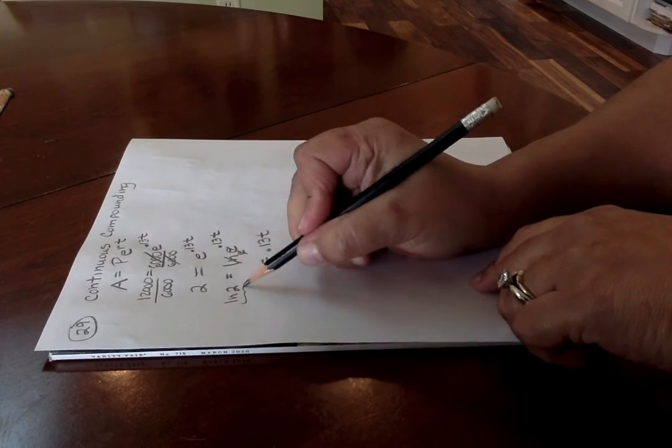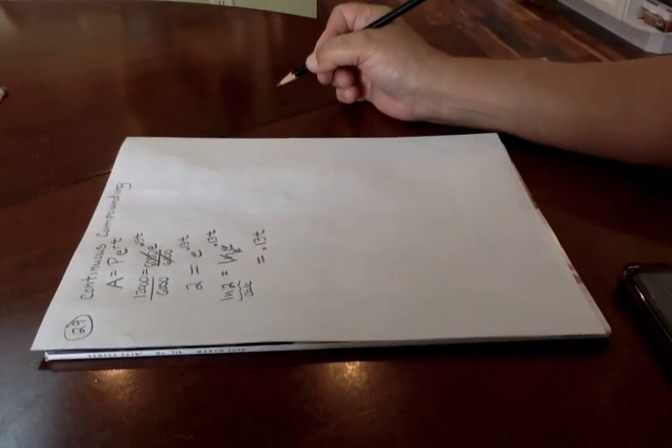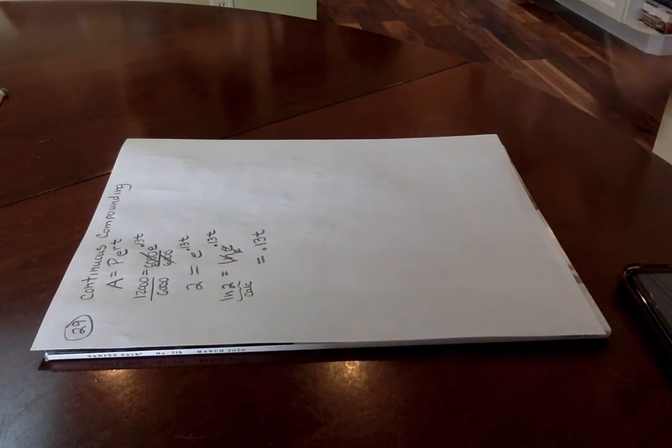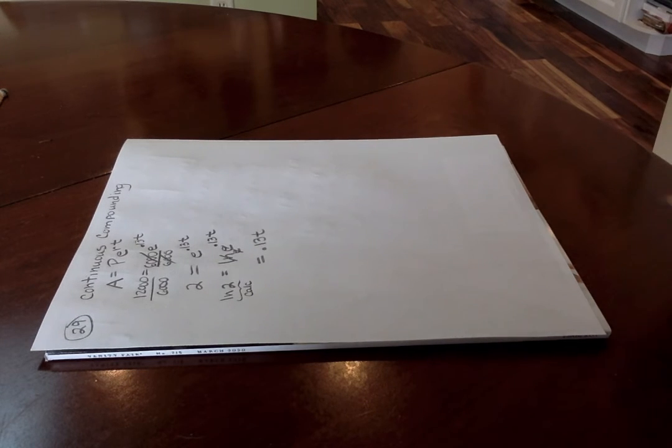And then over here, you're going to get this value from your calculator, and let's see how they want you to give the final answer. It says do not round until the final answer, then round to 1 decimal place. So let's go ahead and go in our calculator and get that ln of 2.